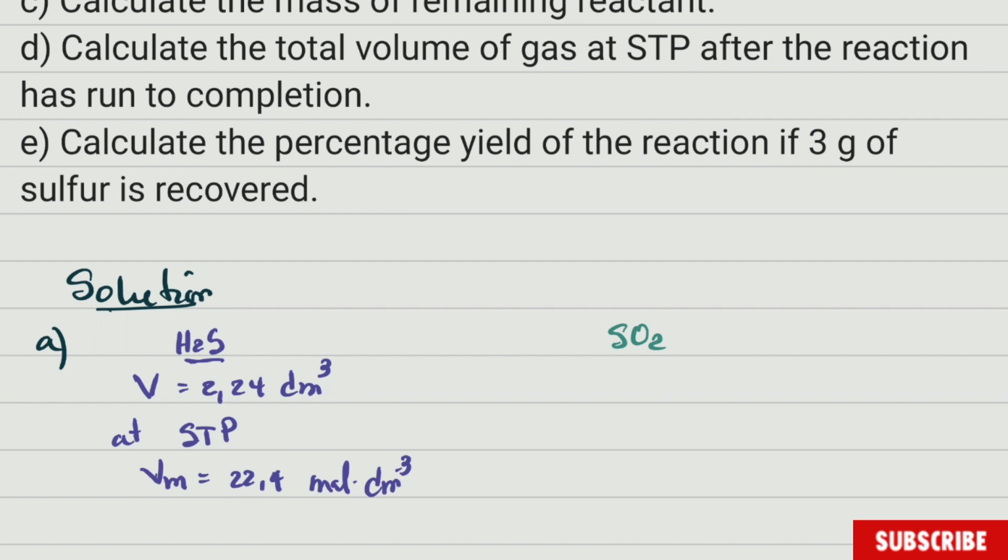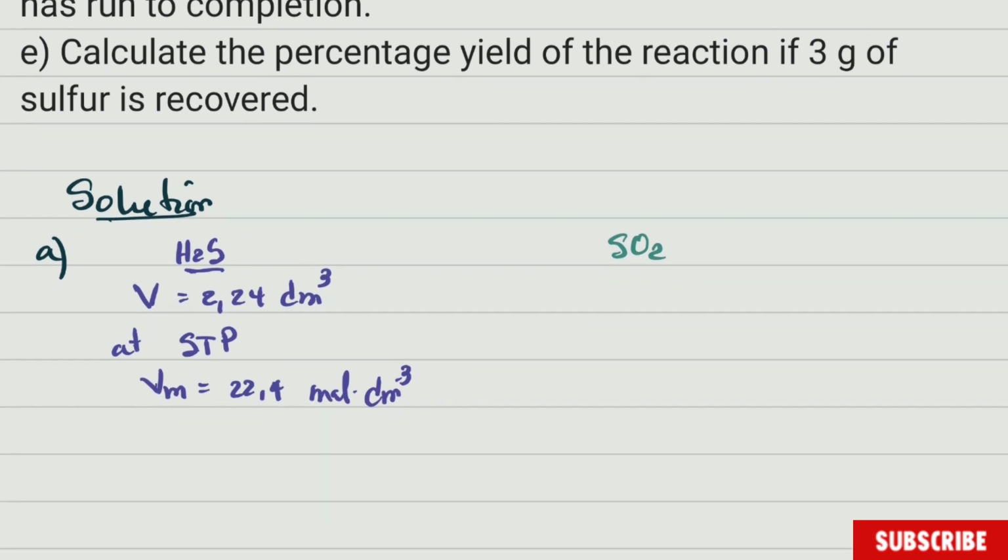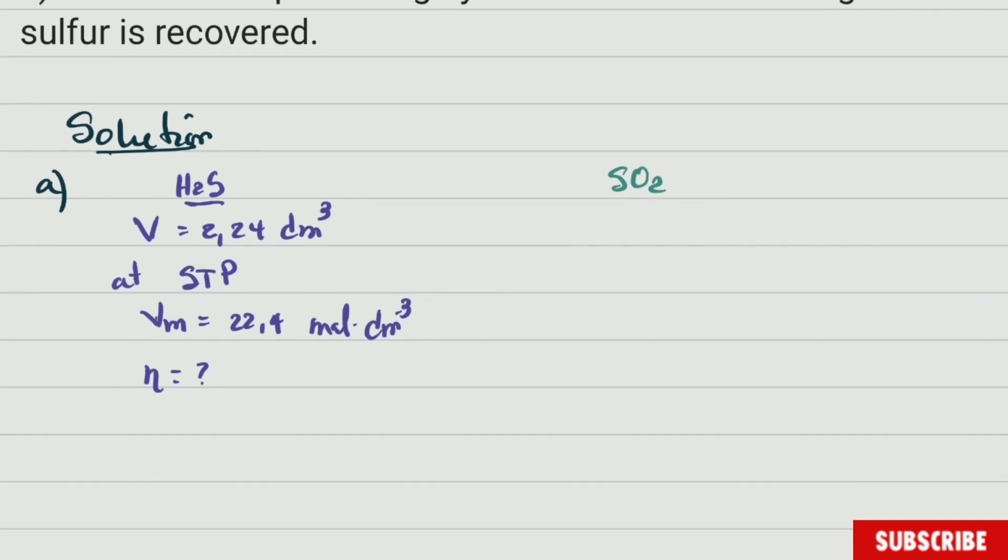There we go. And then we have to calculate the number of mole. The formula we can use here is number of mole is equal to volume divided by molar volume. Real simple, guys, and it is given to you: 2,24 divided by 22,4. The answer is 0,1 mole. There we have the number of mole of the first reactant.